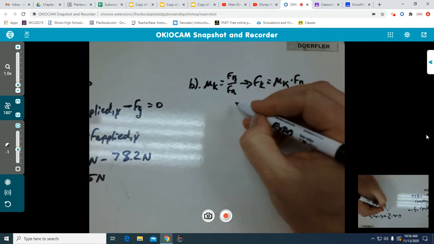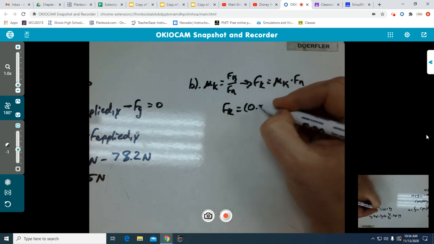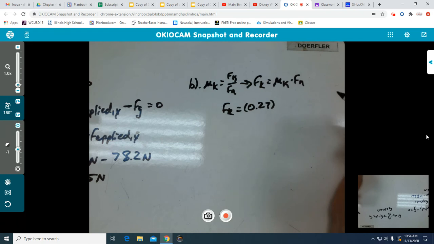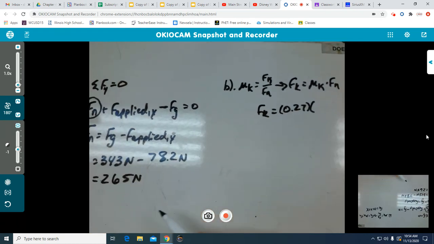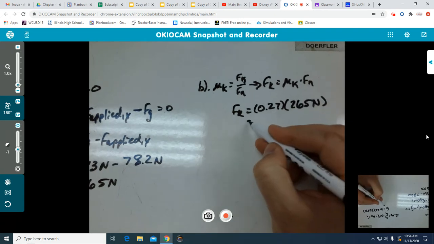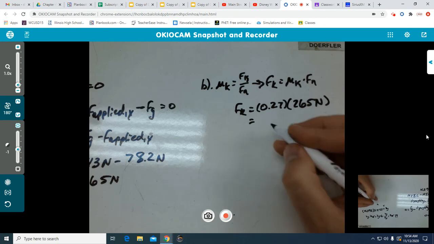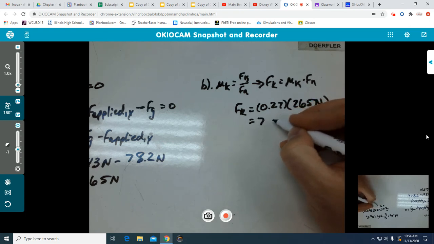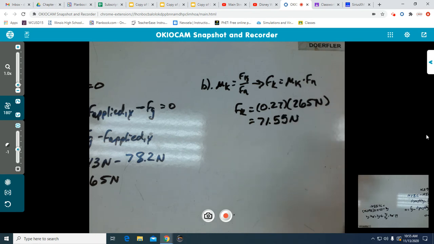Fk is equal to the 0.27 that we were given, multiplied by the normal force we just calculated in part A, 265 newtons, and we get a kinetic frictional force of 71.55 newtons. And that's all for part B.